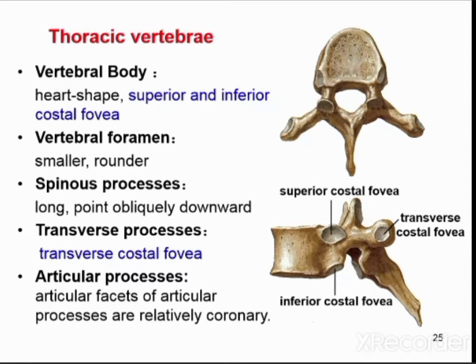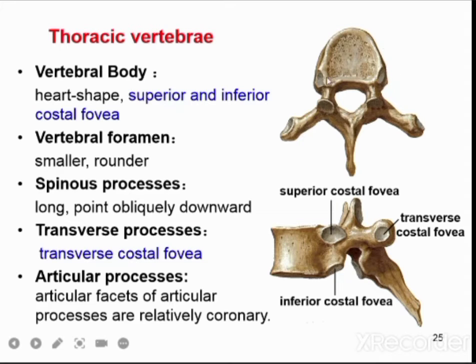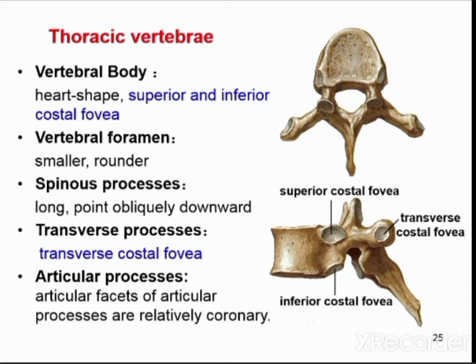Thoracic vertebrae. The body is heart-shaped. There is a superior and inferior costal facet, not seen in cervical and lumbar vertebrae. It is the costal facet that allows us to distinguish the thoracic vertebrae from cervical or lumbar vertebrae.